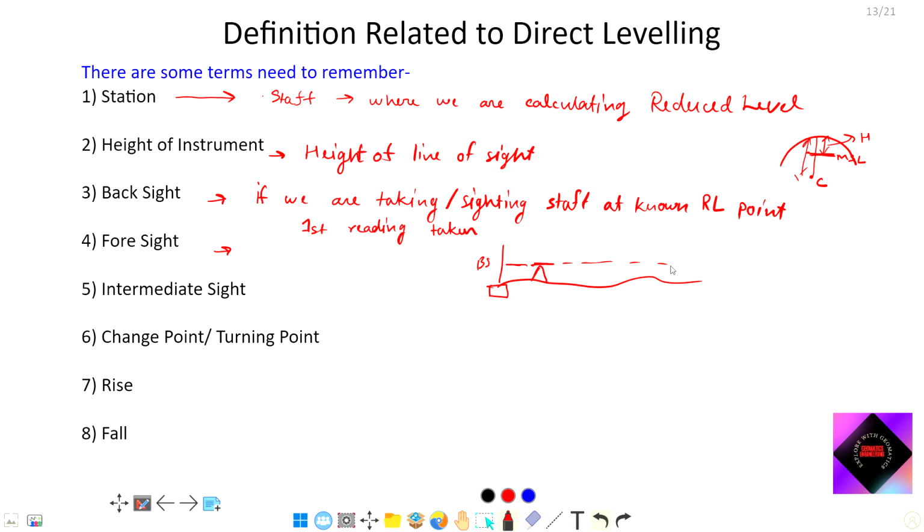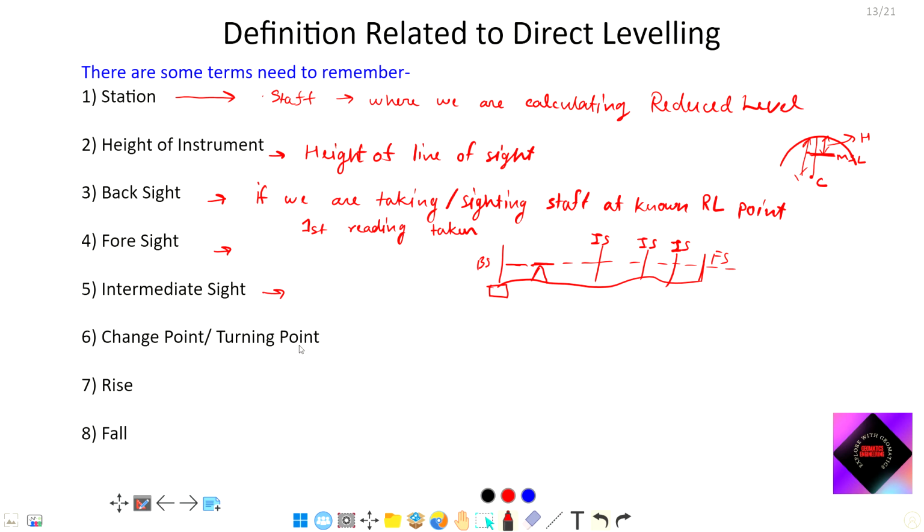And foresight will be the last reading at this position of the instrument, and all the readings in between them are called intermediate sights.